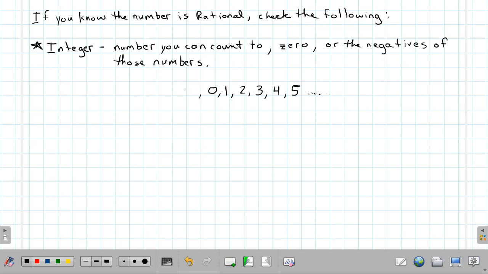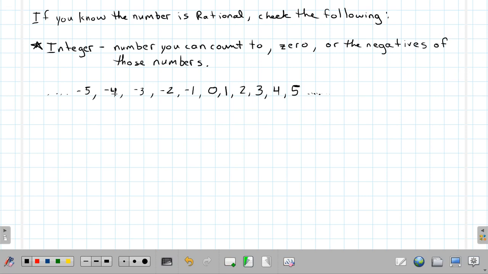That is just negative 1. What's the negative of 2? That's the number negative 2. What's the negative of 3? That's negative 3. What's the negative of 4? Negative 4. And what's the negative of 5? Negative 5. And you actually can keep going in that direction and find the negatives of all the numbers you can count to.